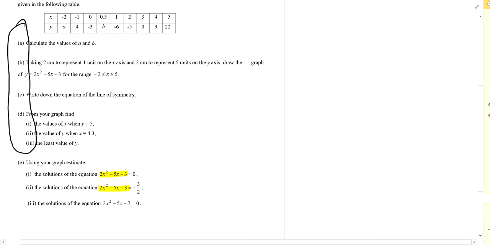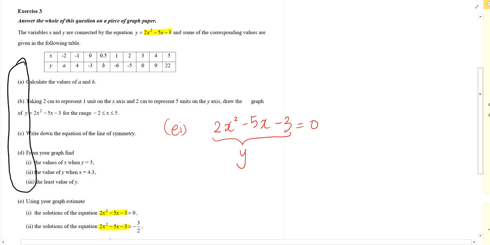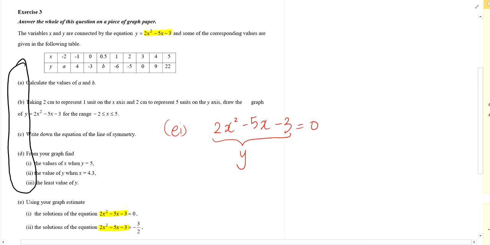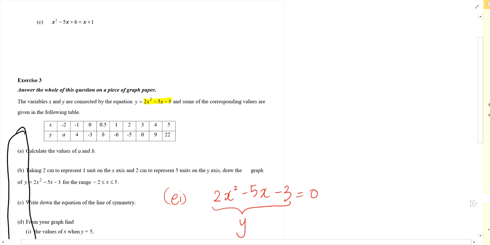This tells me that, part 1, I copy down the equation. So 2x squared minus 5x minus 3 equals to 0. This is what they want me to solve. So I draw a bracket. And I say that, hey, I already got a graph, this graph, y equals to 2x squared minus 5x minus 3, as shown over here.